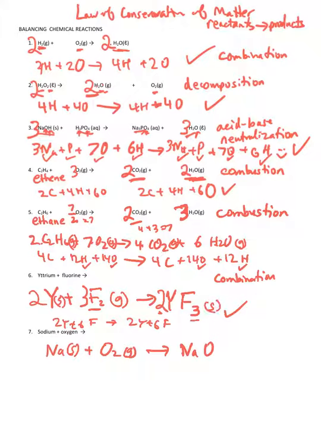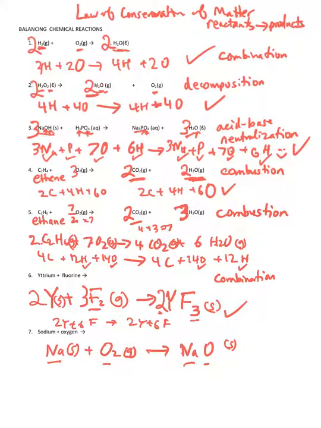Turns out both of these, the product before and this one too, will also be a solid. So let's balance. 1 sodium on the left, 1 on the right. That's good. 2 oxygens on the left, only 1 on the right. I can't just slap a 2 down after that oxygen. I can't play around with the subscripts, only the coefficients.